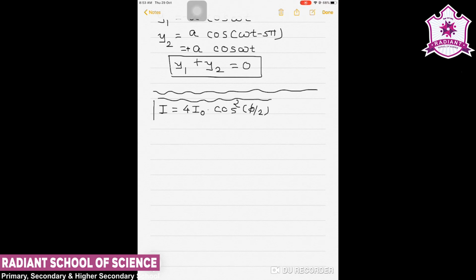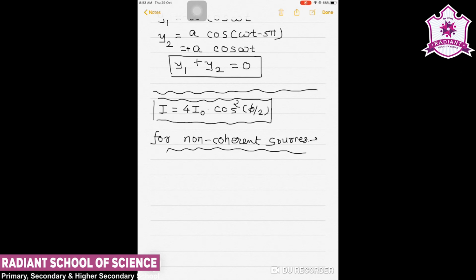Now in the case of non-coherent sources, see carefully. Suppose we have two needles going up and down regularly, then we consider them coherent sources, because the phase difference will be either 0 or the same.